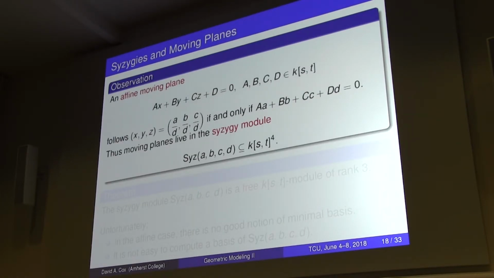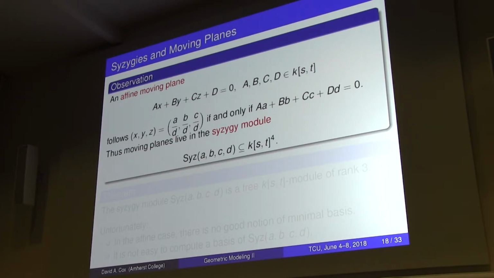Now let's think about this more geometrically, because so far I've been doing the algebra. Let's think about some of the syzygies, because they were certainly interesting in the curve case. I'm going to work affinely, so here's a plane, assuming that A, B, C, and D are not all 0.